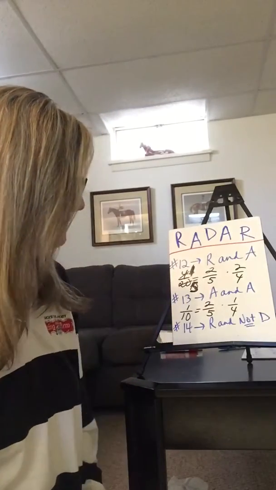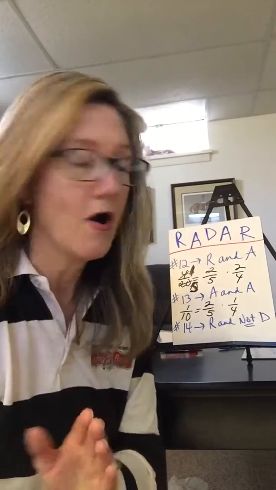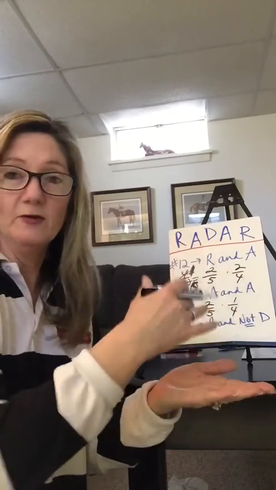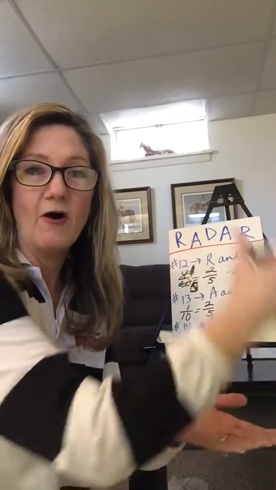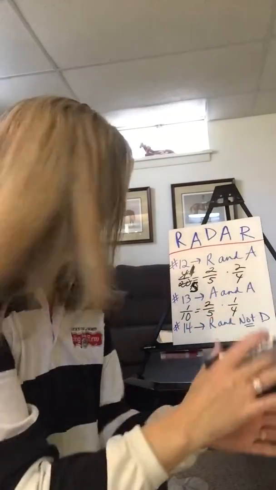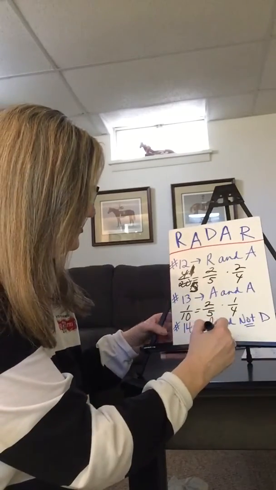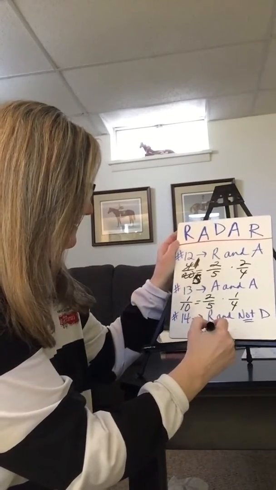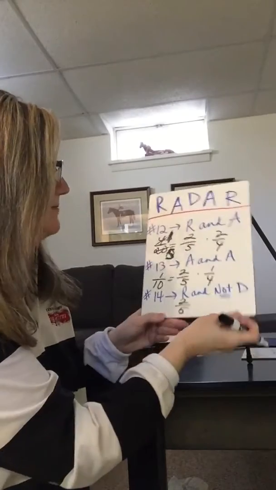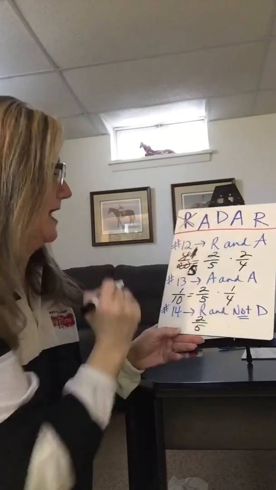Okay, now number 14, pulling out an R, like we said in the beginning. And by the way, each time you do one of these problems, all 5 letters are back in there. So pulling out an R is 2 out of 5. But then remember, just 1 is pulled out.